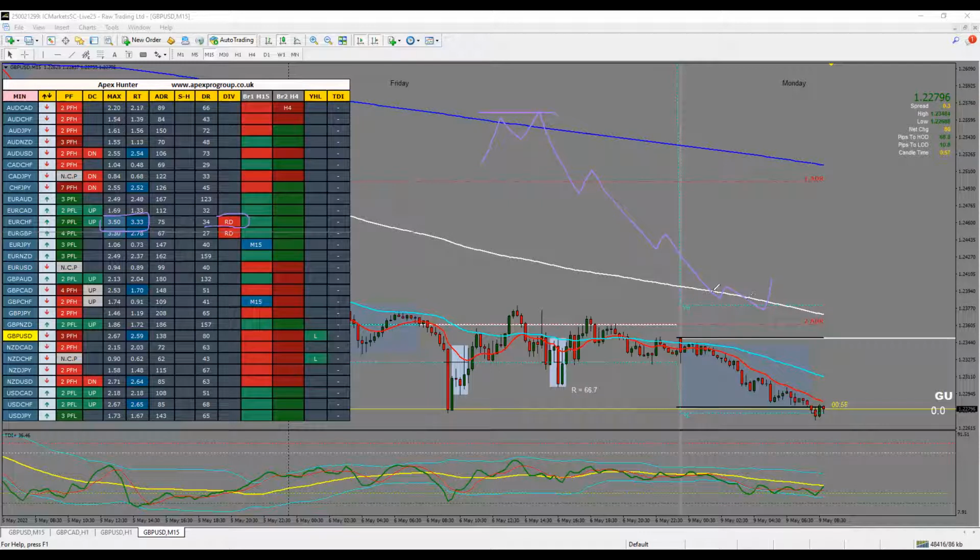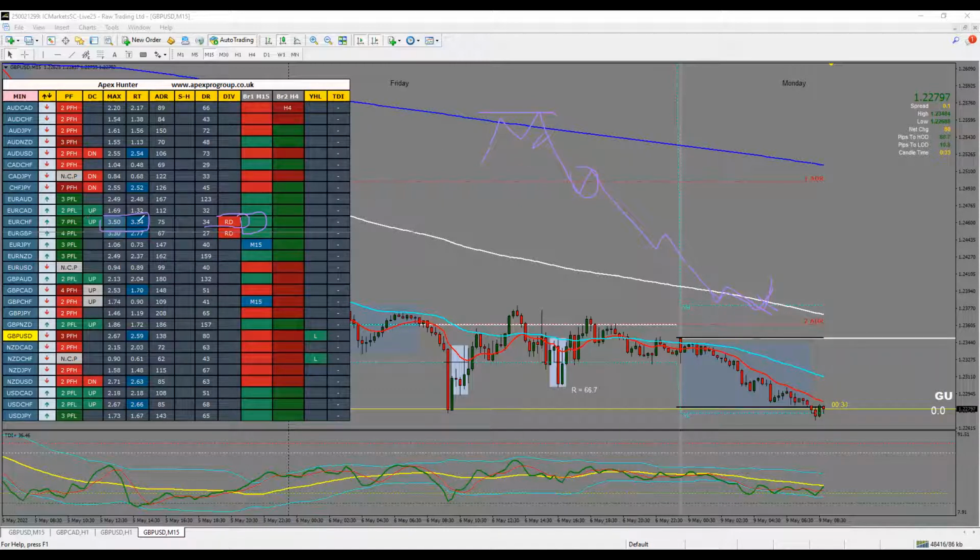This can give us the heads up that price is starting to turn. And then maybe you see a breaker in the lower time frame in the opposite direction. This could allow you to enter before this point and maybe get in on the second leg somewhere around here.